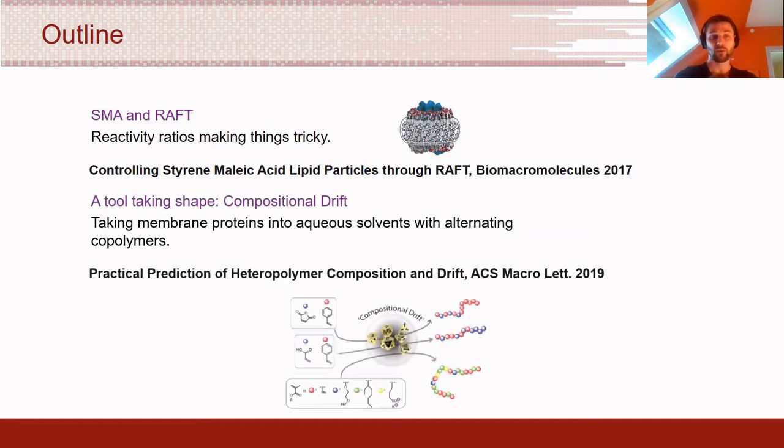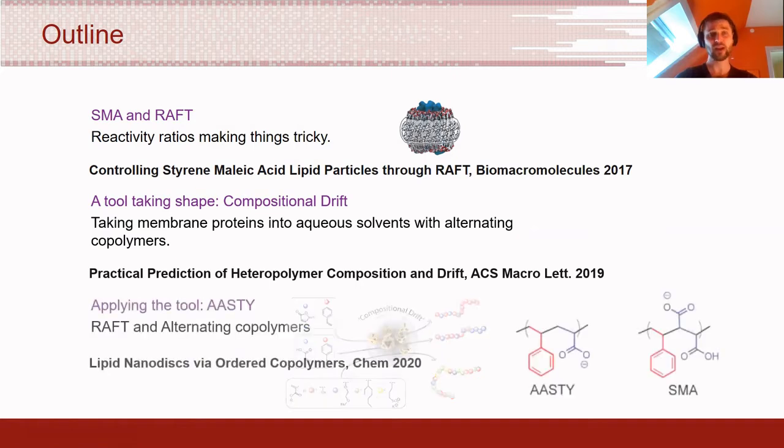And I'll follow up with a tool that was developed as part of that publication, how it took its own life and how I hope it will be useful to others. And finally, I'll wrap up with the story of how I used that tool to design better nanodisc forming copolymers based on acrylic acid and styrene, which was published in 2020.